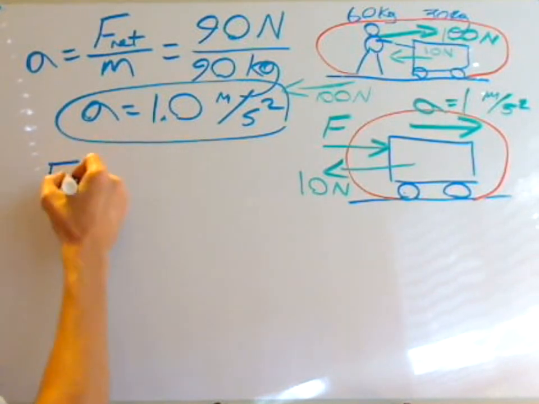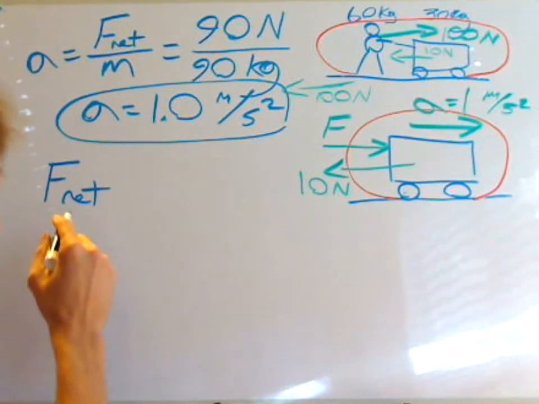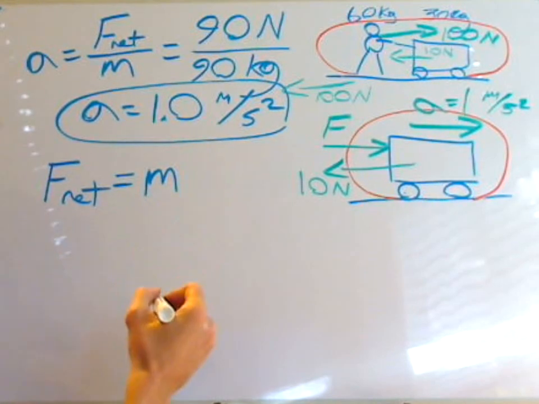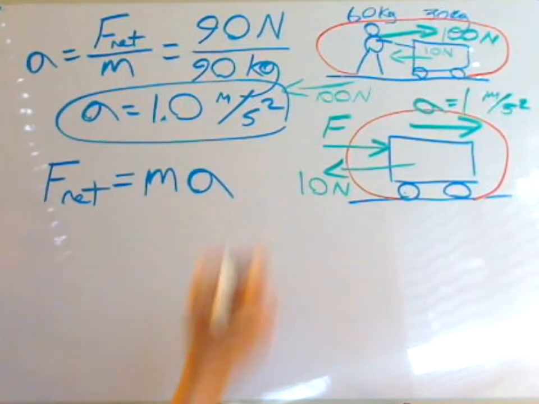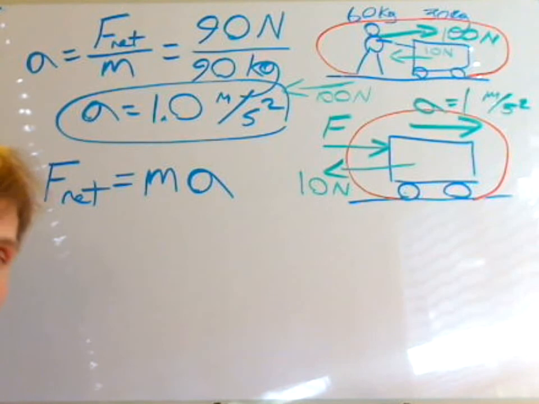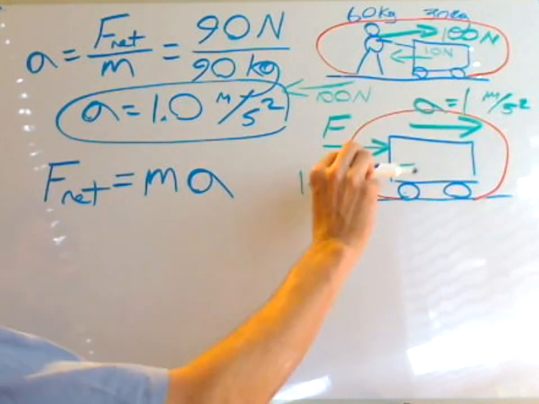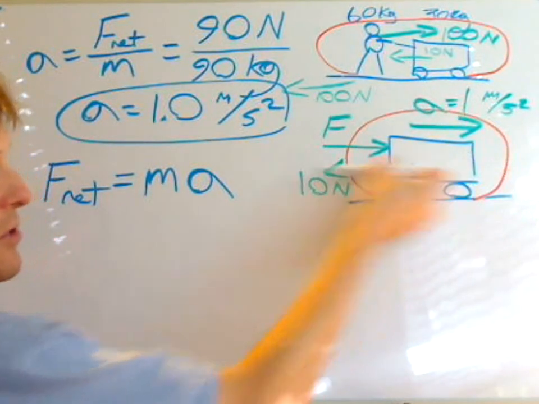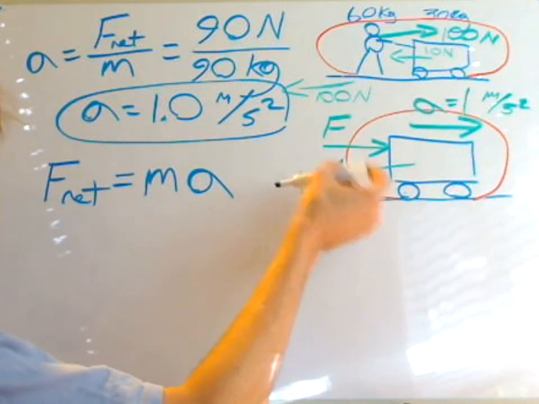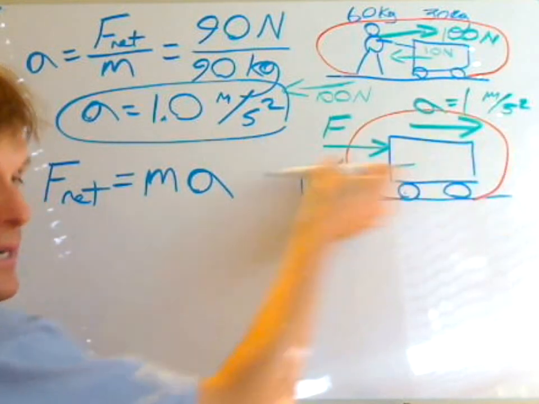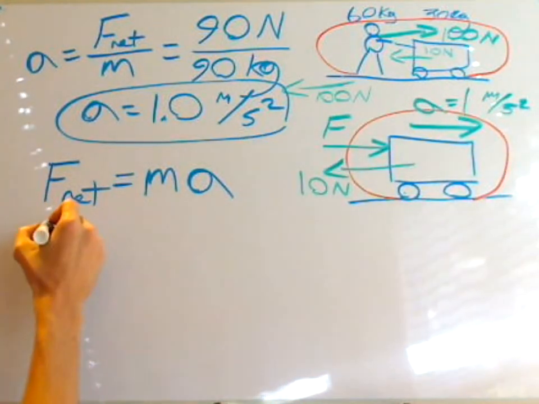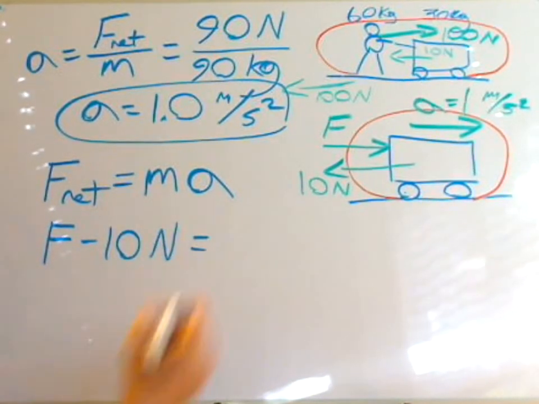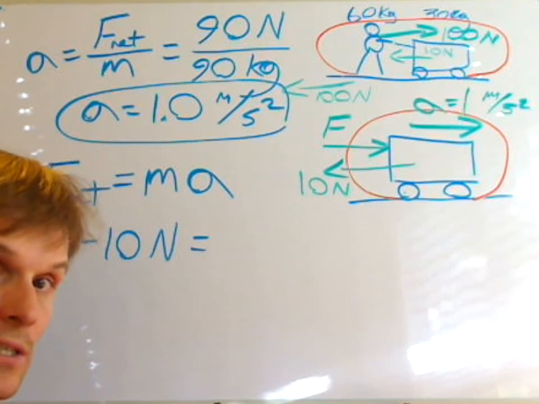Newton's second law says that the net force, remember this is the net external force, is the mass of the system times acceleration. Okay, so the net force on this object then, we have F pushing that way, and we have a 10 Newton force pushing this way. So the net force is F minus 10. So that's our net force.